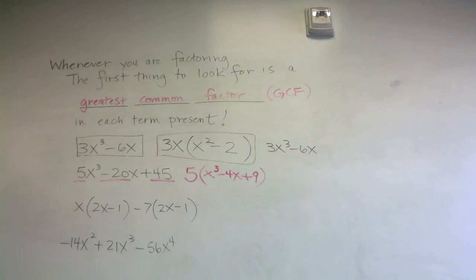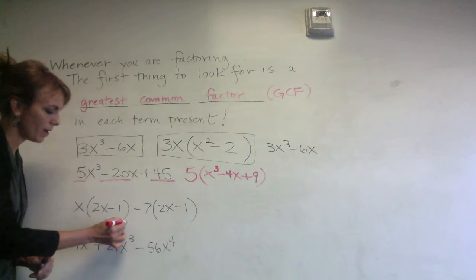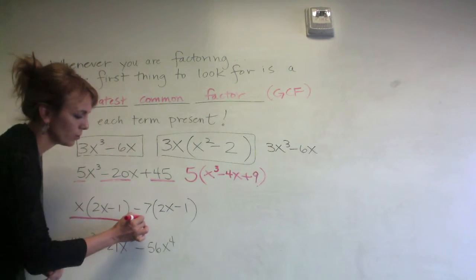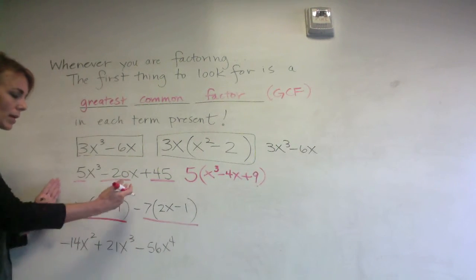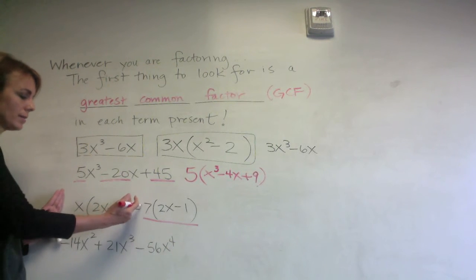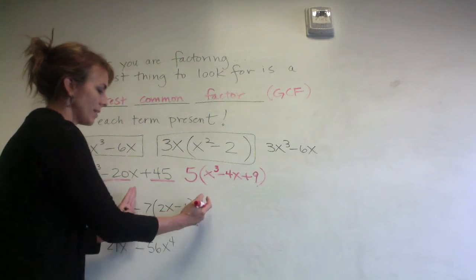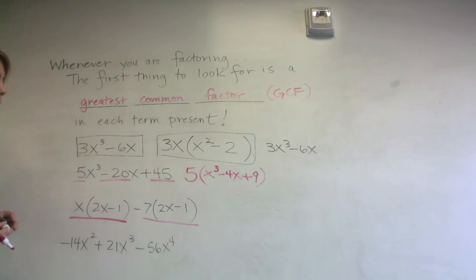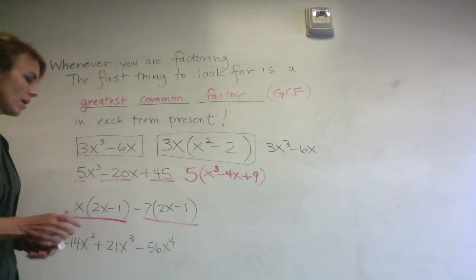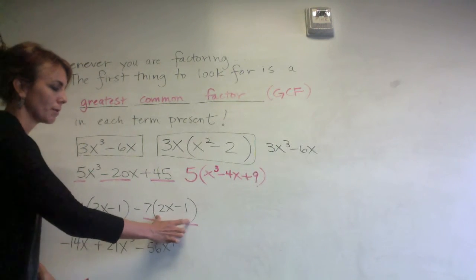Okay, this next example is a little bit different because we are going to be thinking about what is the GCF of these 2 pieces. So I'm going to look at this as a whole piece and this as a whole piece. What do you see in common? What is our greatest common factor here? Well, in this case, it's a binomial, not a monomial. Do you see the 2x minus 1 is in both pieces?